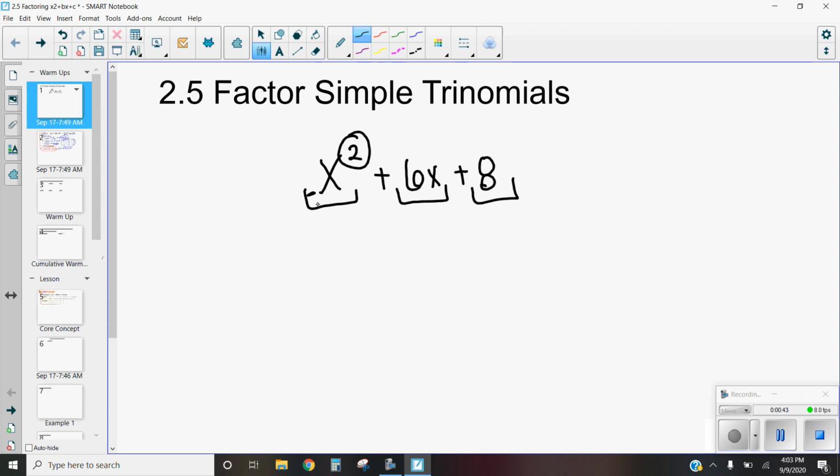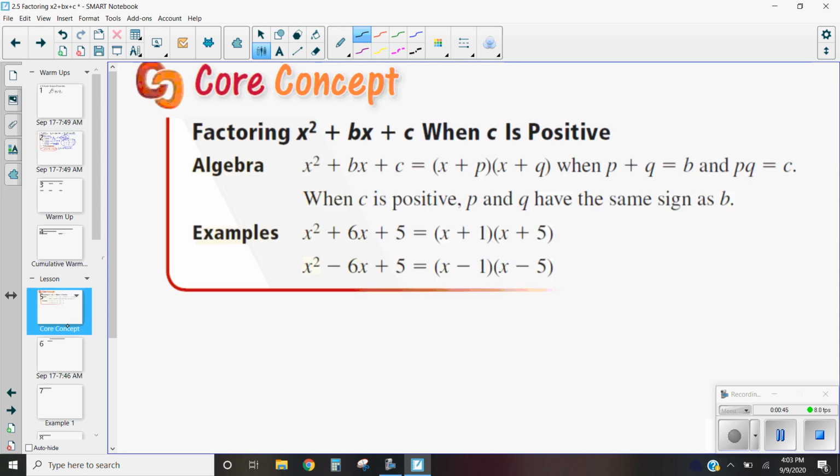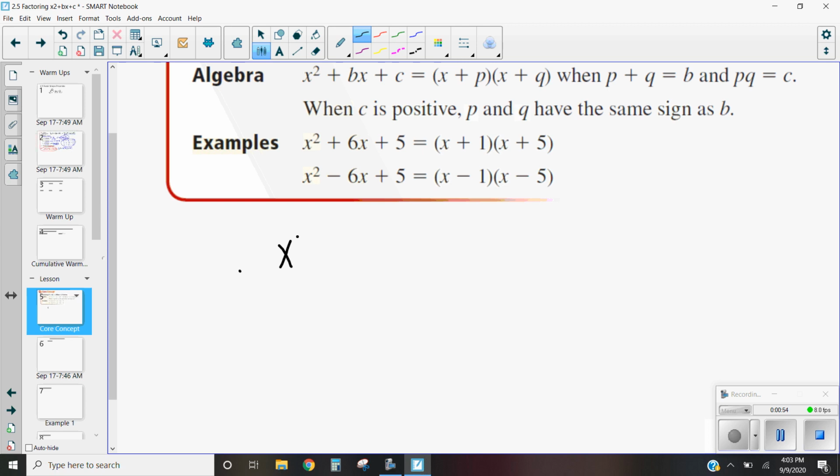So when we factor these simple trinomials, they actually follow this really cool pattern. Anything that's x squared plus bx plus c, where b and c can be any term, is going to end up equaling something like x plus p times x plus q.